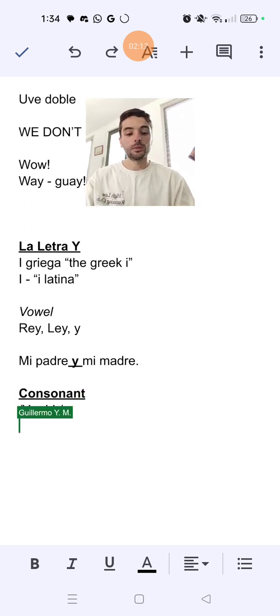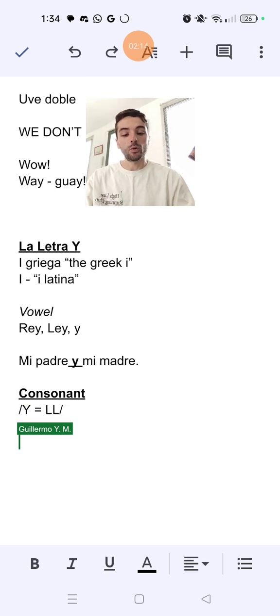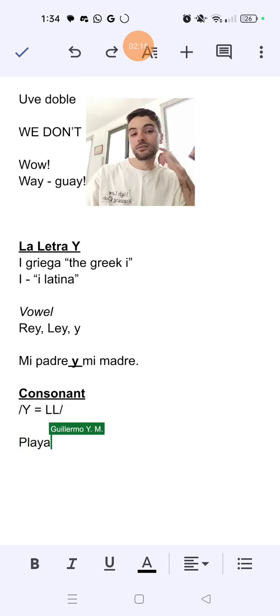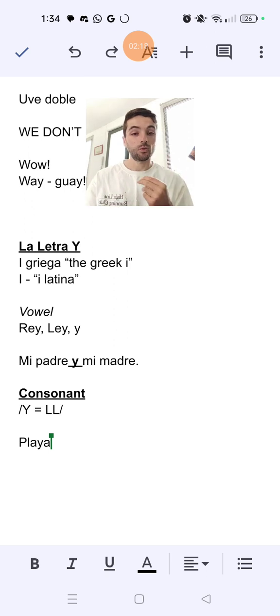For example, you all have heard the word playa, right? We said that the double L was for ya sounds, ya, ye, yi, yo, yu, but also the Y. Now, it is more common to see the double L, okay? It is far more common to see the double L, but you can also find the Y, okay?